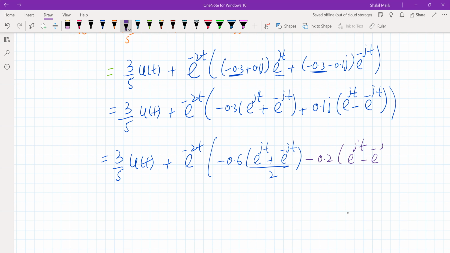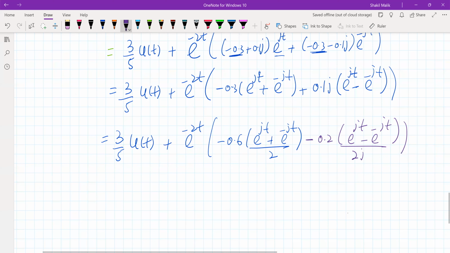So it is 0.2 over j, and j squared is minus 1, so it is minus 0.2, like this.